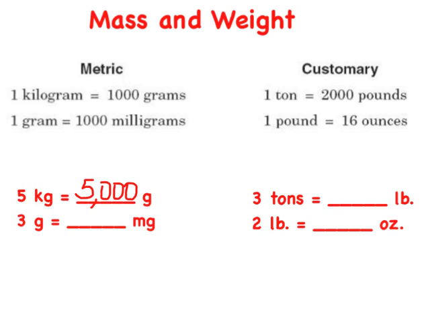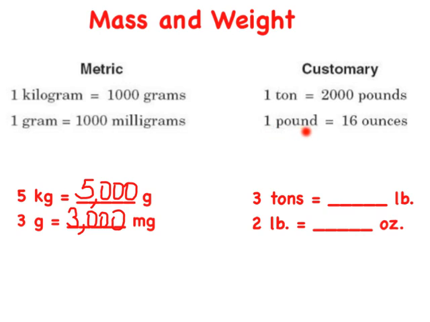And then my next question says 3 grams equals how many milligrams? Well, 1 gram is 1,000 milligrams, so 3 times 1,000 would be 3,000 milligrams. And moving to our customary units, I'm looking at 1 ton equals 2,000 pounds.